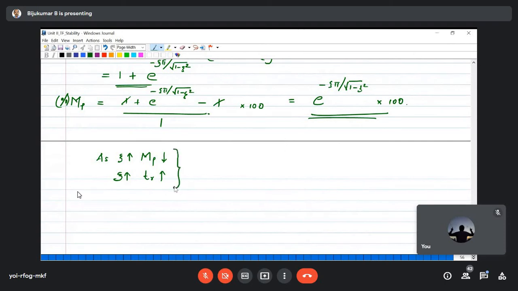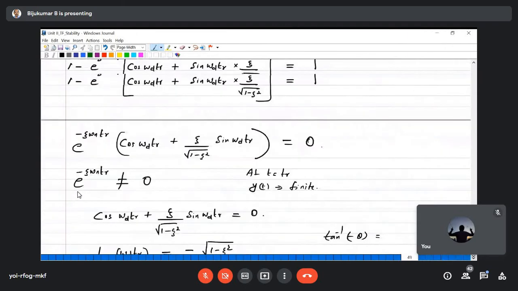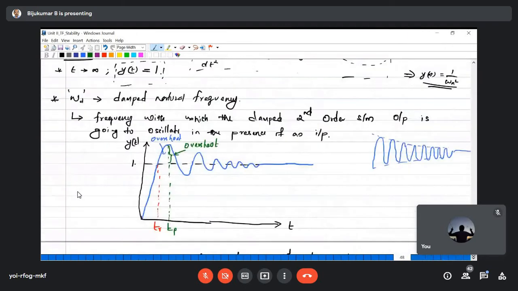This is the observation, right? As a control engineer, our aim is to reduce this overshoot. Not only reduce the overshoot, what about the rise time? Rise time also has to decrease because we need to reach the steady state as early as possible, right?